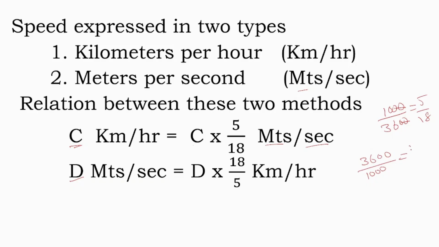So the simplified fraction is 18 by 5. These two conversions, kilometers per hour to meters per second and meters per second to kilometers per hour, must be known. They are very useful in solving problems within a single step, and take less time to get the required answer.